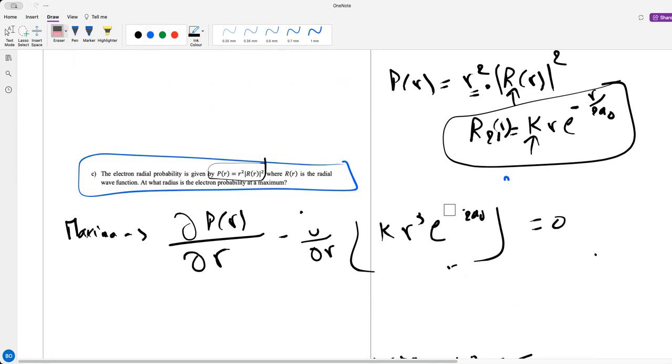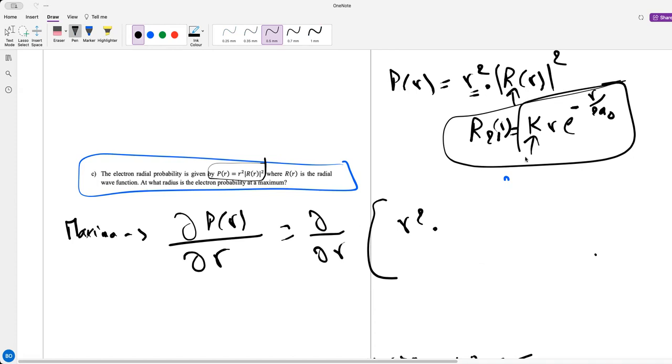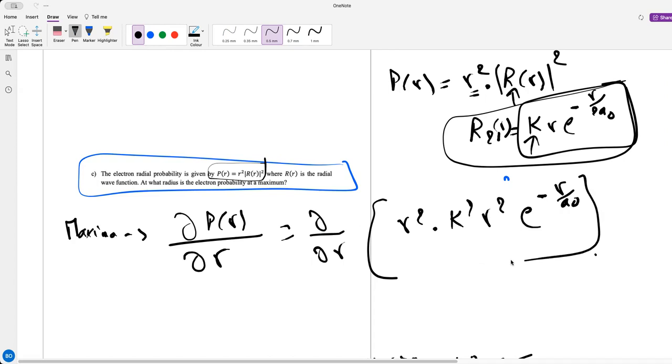So let's remove everything. It's the derivative with respect to r of what? R squared times everything squared. So K squared r squared exponential minus r over a0. The mistake that I made is I did not put the function squared. So now we can do it very quickly.